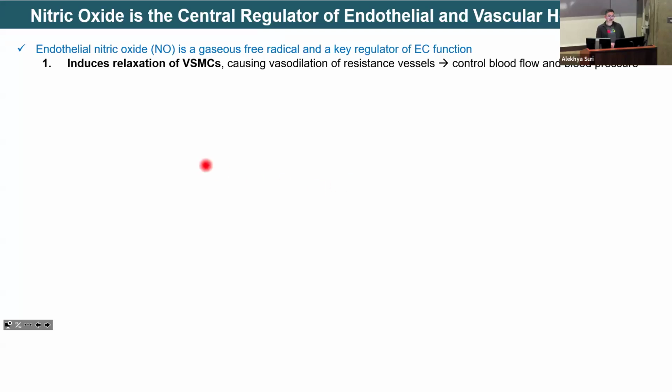Because of this, it causes vasodilation, and thus it helps control blood flow and blood pressure. Nitric oxide produced by the endothelium also prevents platelets from sticking to the wall of blood vessels. This is important in preventing unnecessary coagulation. Nitric oxide basically prevents us from getting blood clots that shouldn't be there.